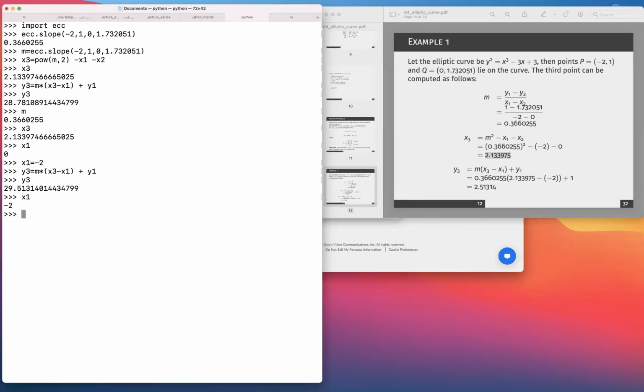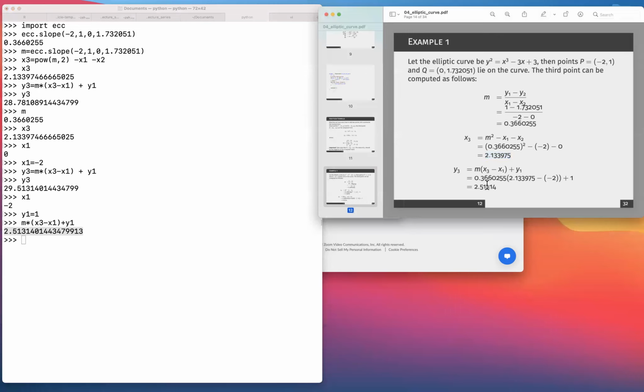So m times x3 minus x1 plus, okay, I did not define y1. y1 equals 1. So y3 is 2.5. This one now matches. So that's how you compute for the third point.